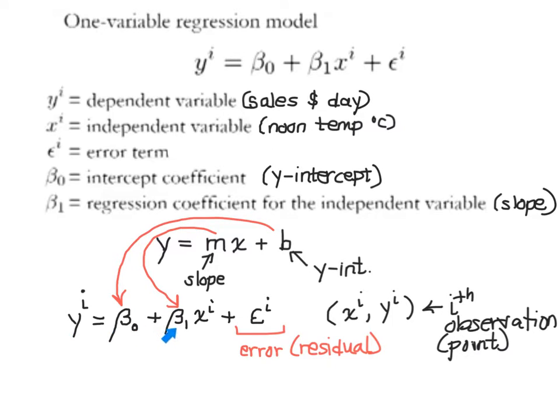This is not a perfect fit until we add in our error. Our errors will only all be 0 for all observations if all of our points lie perfectly on our best fit line, on the line produced by our regression model. The best model, or best choice of coefficients for beta naught and beta 1, has the smallest error terms, or smallest residuals.